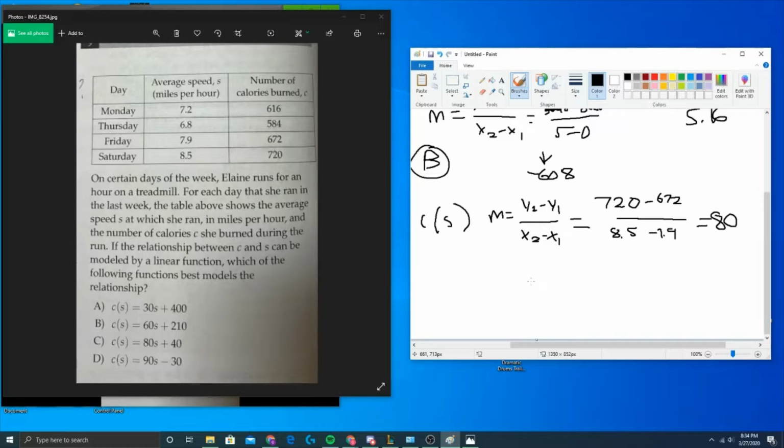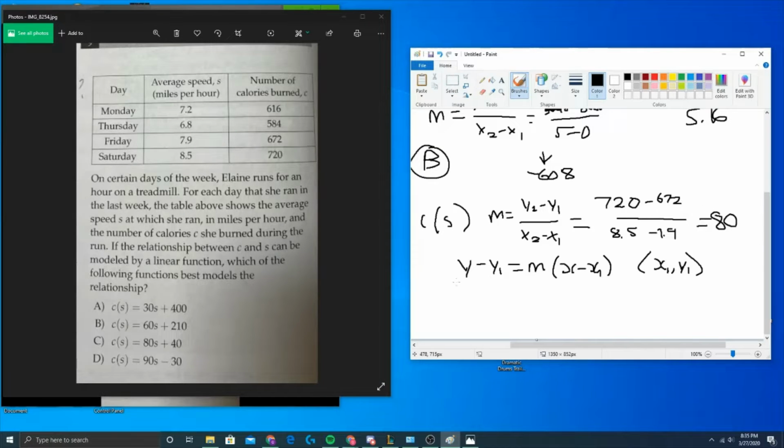So there's a certain formula called point slope form. All you need is 1 point and the slope, and you'll be able to get the whole linear function. The way it works, I believe, is this: y minus y1 equals m times x minus x1, where x1 and y1 are the point you choose, and m is the slope.